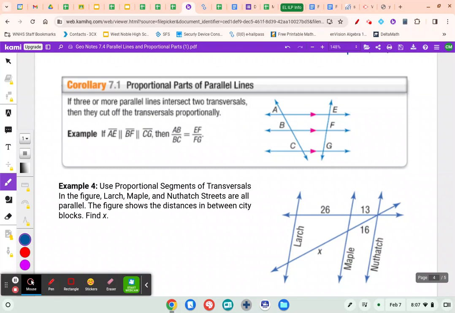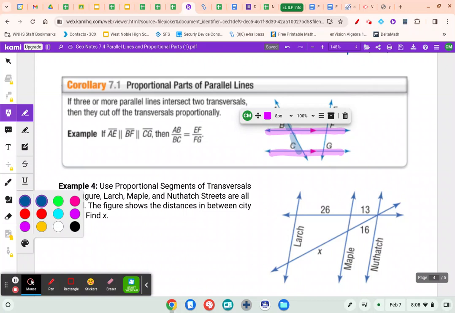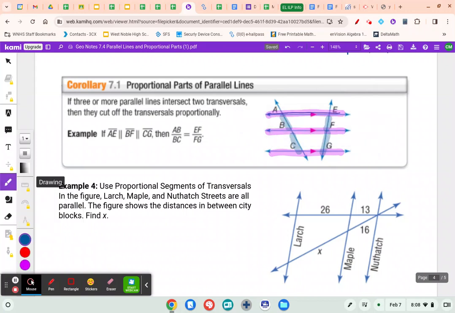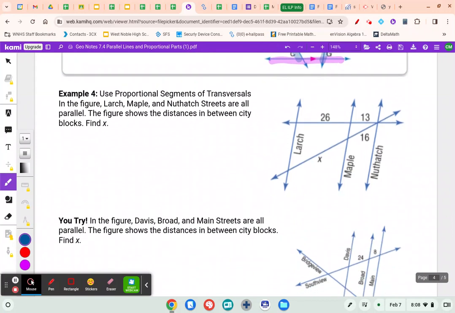Okay, so if AE is parallel to BF, is parallel to CG, then you know that AB over BC is equal to EF over FG. So we can set up a problem here. It's really similar to what we saw above. So we're going to use proportional segments of transversals.